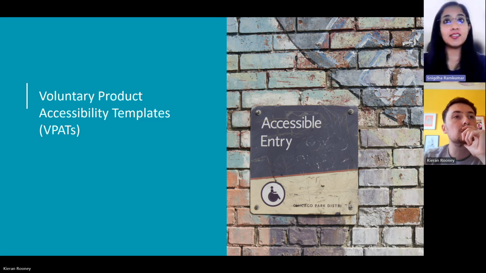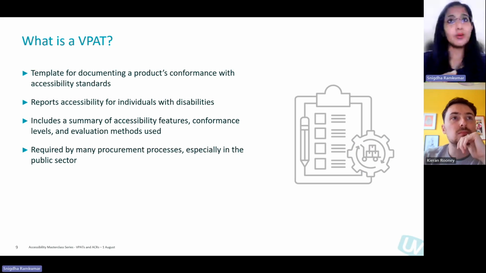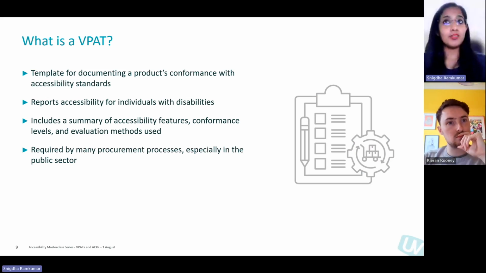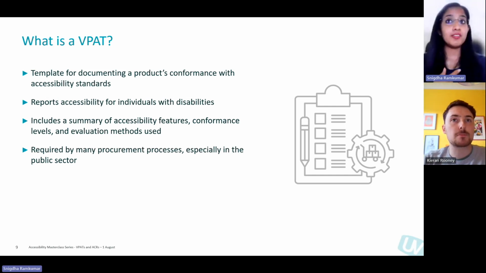But what exactly is a VPAT? Well, let's take a look. So a VPAT is a standardized template used to document a product's conformance with accessibility standards. It serves as a crucial tool for reporting on the accessibility of a product, particularly for individuals with disabilities. So the VPAT includes a summary of the product's accessibility features, conformance levels, and the evaluation methods used.